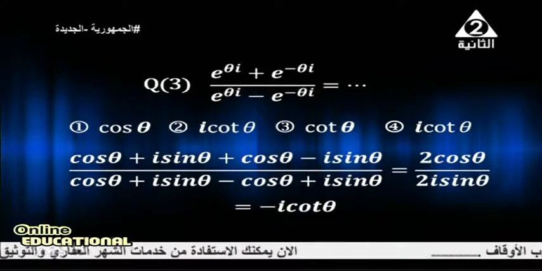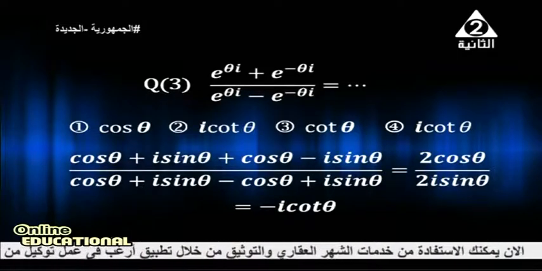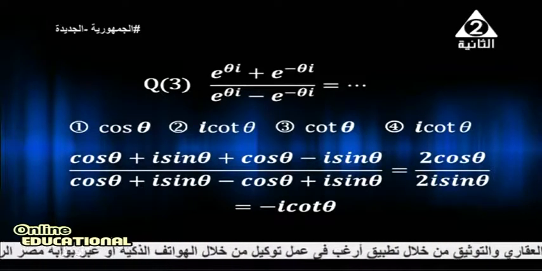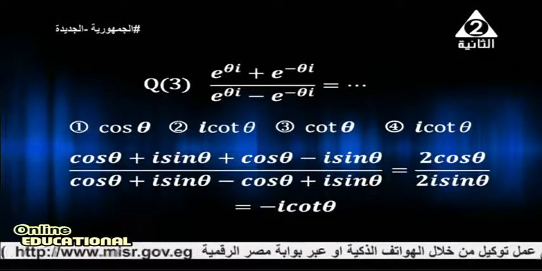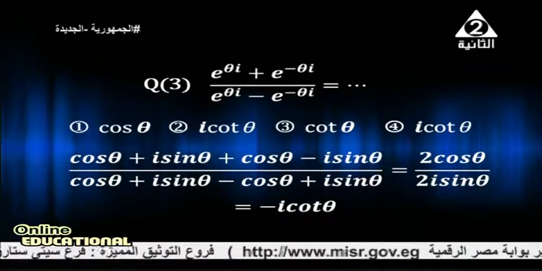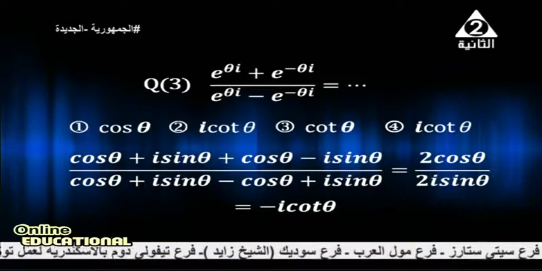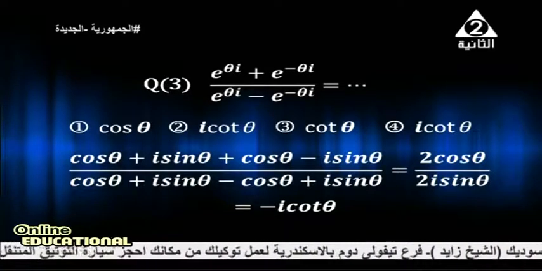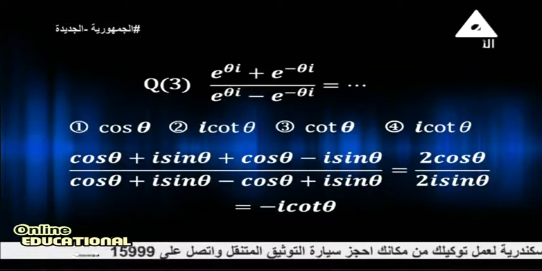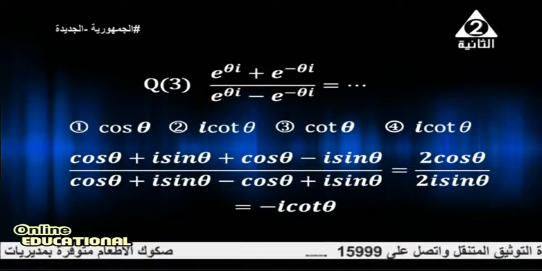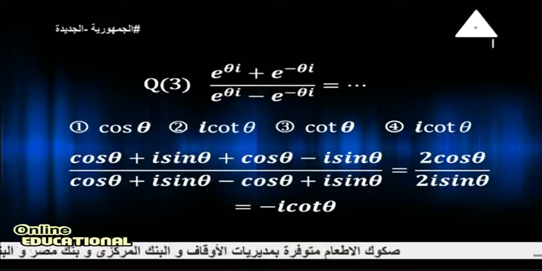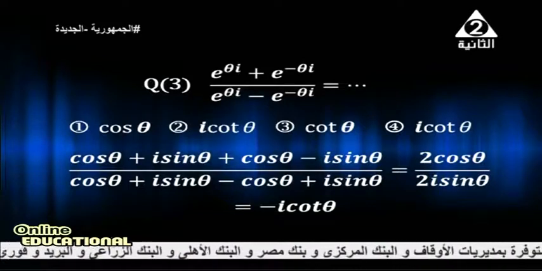Cosine theta over sine theta equals cotangent theta. But 1 over i equals negative i, because 1 over i equals i power 3, and we know that i power 3 equals negative i. Then the correct answer is negative i cotangent theta.